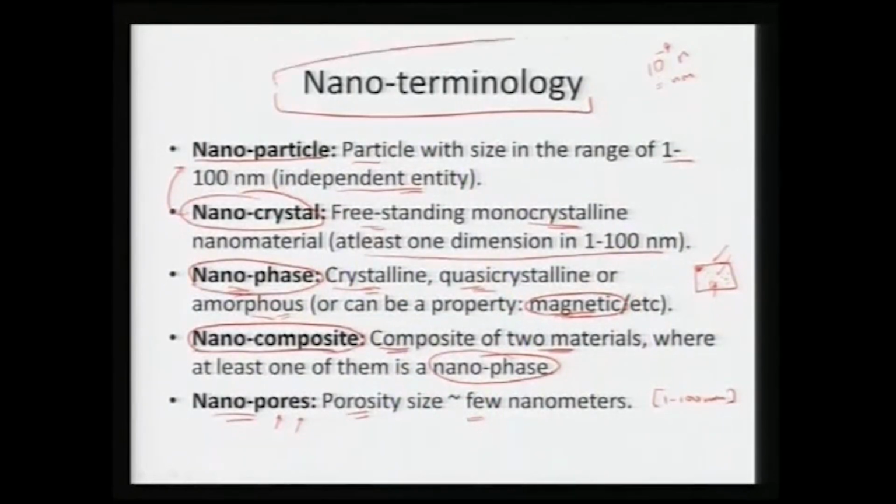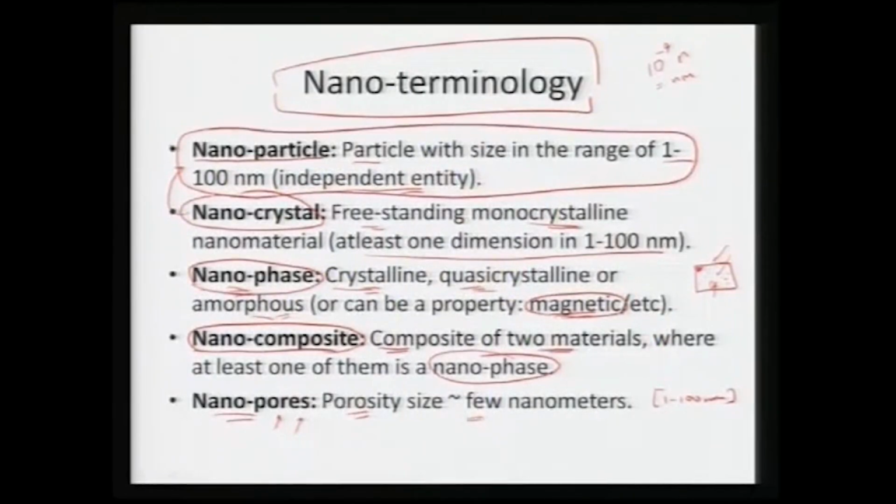So, we can see nano terminology can exist as a nanoparticle. It is an independent unit entity which has a size range of 1 to 100 nanometer. It can be a nanocrystal, where we have a freestanding monocrystalline material with at least one dimension in the scale of 1 to 100 nanometer.